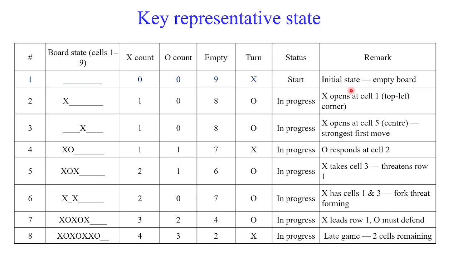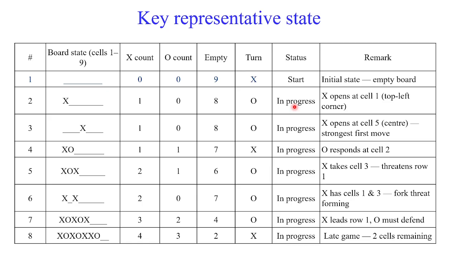Now, X has placed its mark. Count of X is 1, O's count is 0, empty cells are 9. Now it's the turn of O. Suppose X has placed in the top left corner. Now O is in progress.